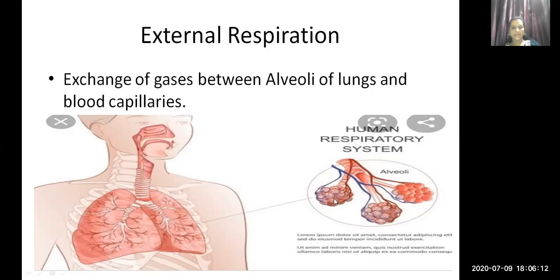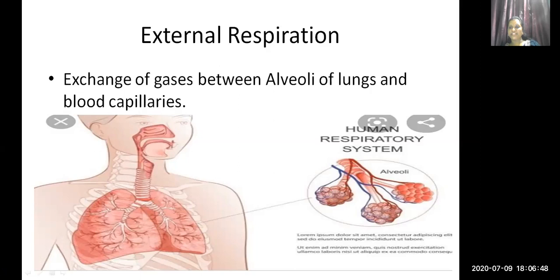Here we are going to discuss exactly which things are responsible for the exchange of gases at the alveolar level. What happens? The fresh air you inhaled contains a large amount of oxygen, and that oxygen reaches the alveoli through the nostrils, larynx, trachea, and then to the end of the alveoli.